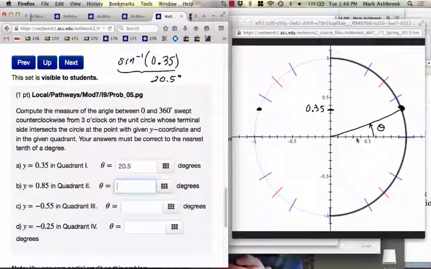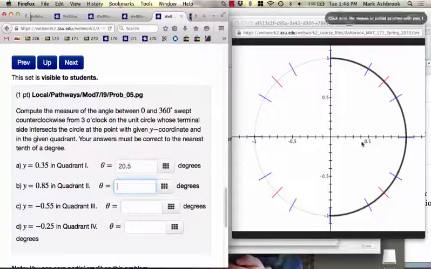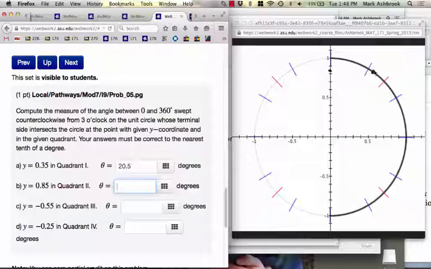Next one, we want 0.85, and here's 0.85, right about here. And we're in quadrant 2. So there's 2 points on the circle, maybe right about there, and right about there, that are 0.85 radius lengths above. We want the angle to the point in quadrant 2.